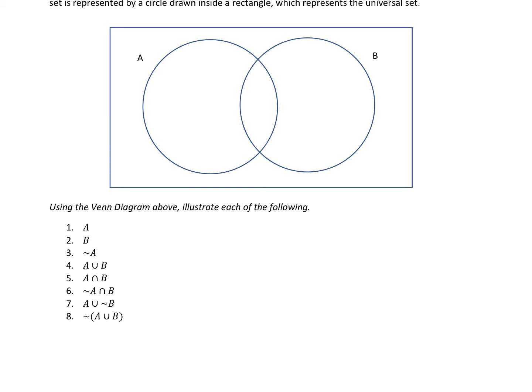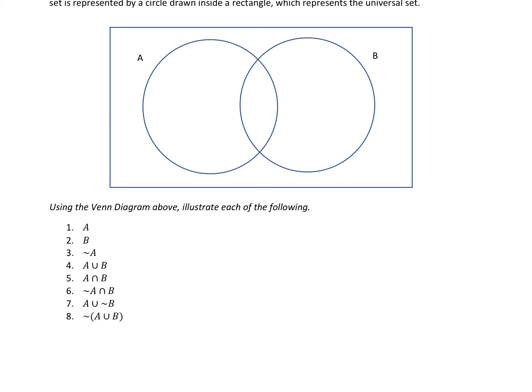Number 3. This little symbol is not or complement. So this could be read as the complement of set A or what is not in A. So if we want to know what's not in A, we could look at the circle A and then shade everything else, right?